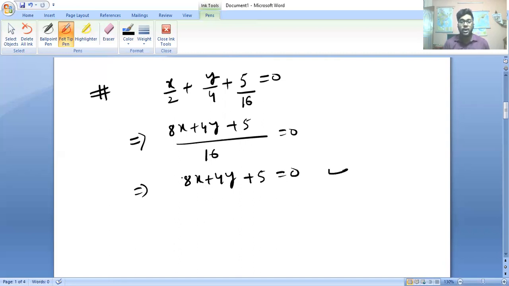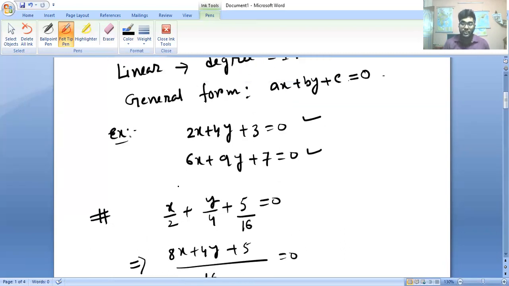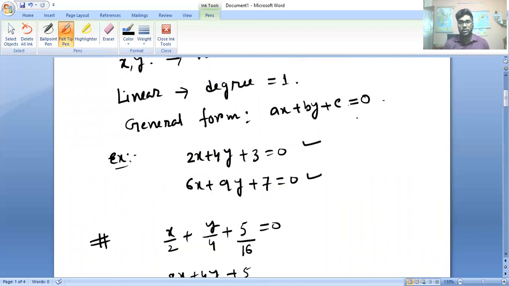So if it is not in this particular form, ax plus by plus c equals 0, where a, b, c are integers, you can write here that a, b, c should be integers. Why integers? Because this equation can be solved without integers, but if we have integers, it will be easy for us to solve.